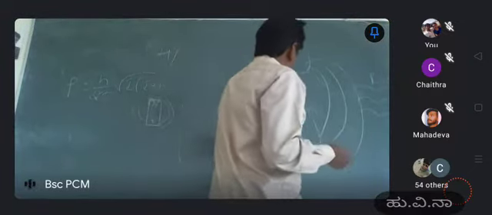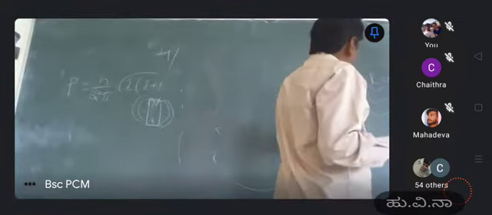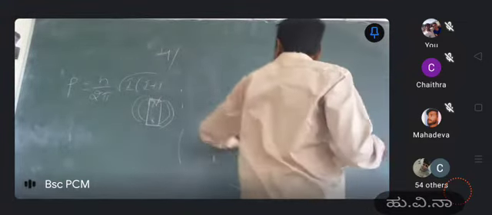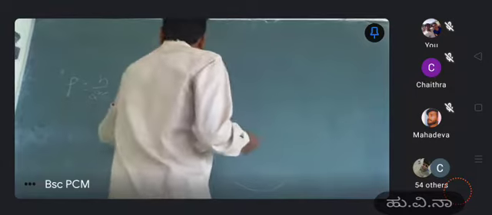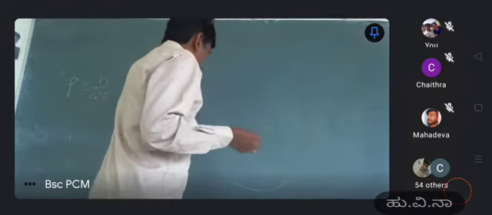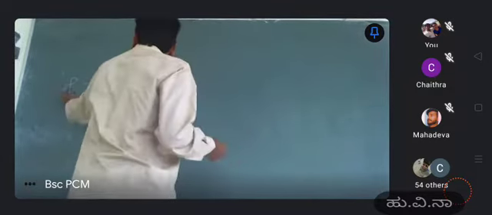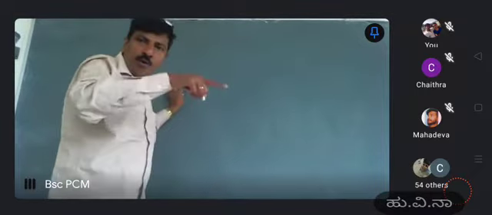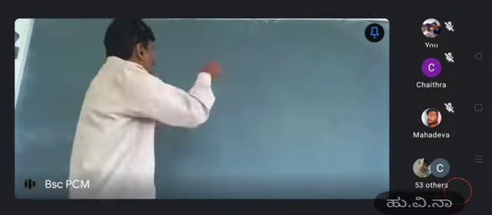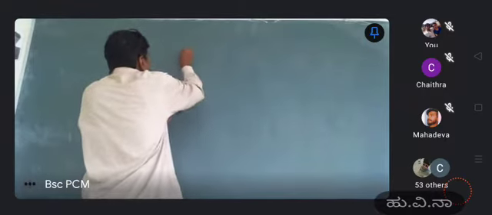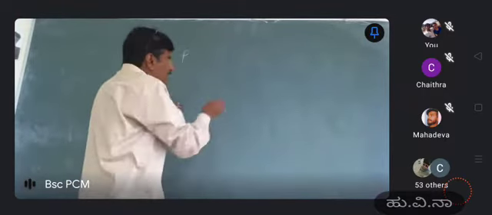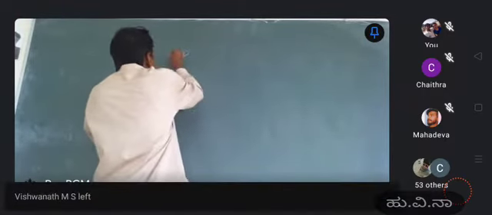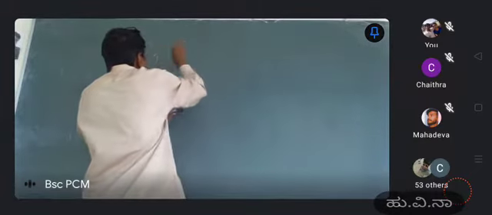Okay. I'm going to explain all these things very simply. Any charged particle moving around and about its own axis produces spin angular momentum, that is P or I, whatever you call it.